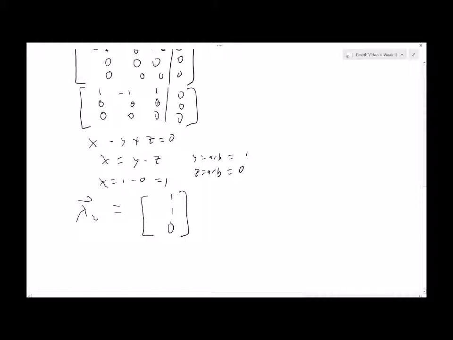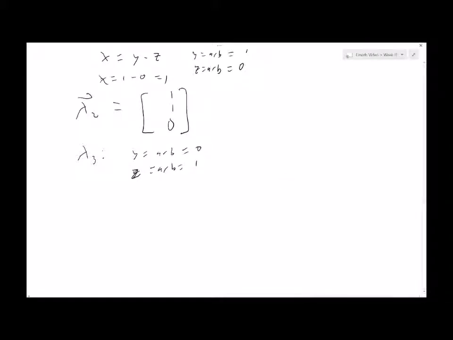Now, since you have two arbitraries, to get the eigenvector 3, since you plug in all the same stuff, you'd end up with the same answer, but you need it to be completely different. So for lambda 3, we're going to set y, an arbitrary, equal to 0. So we just flip-flop the y and the z. We'll set z equal to 1.